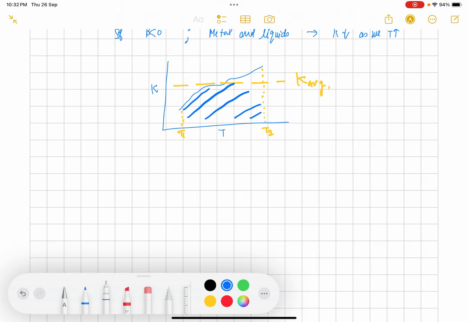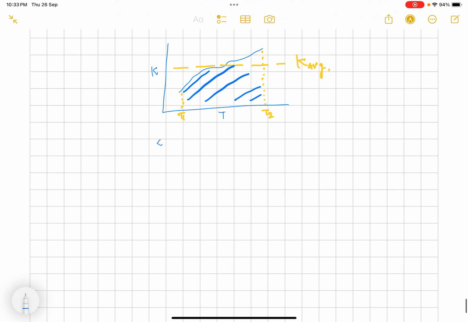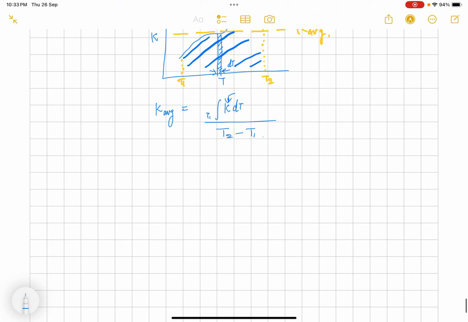So let me write. In general, we can write K average as the integration of, we take a small strip of this rectangle, a small rectangle, having this thickness dT and height K, where K varies with temperature, and divide this by T2 minus T1, with the limits from T1 to T2.